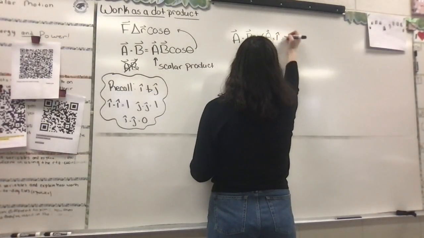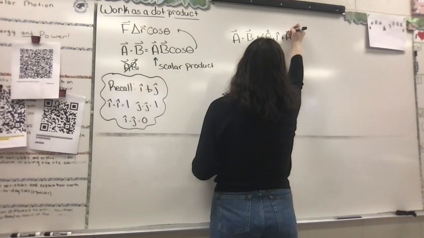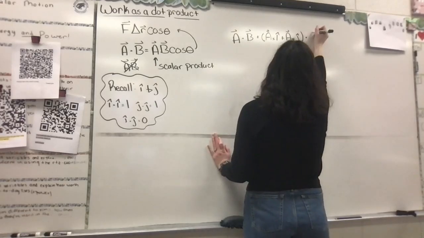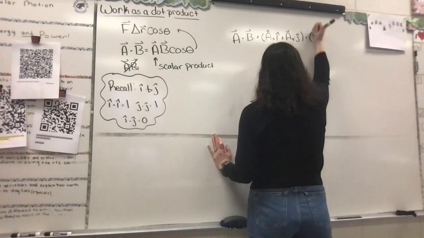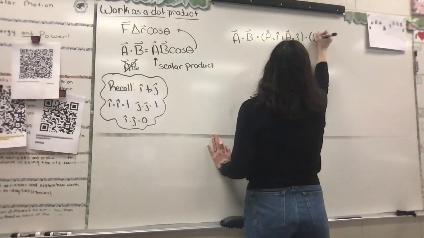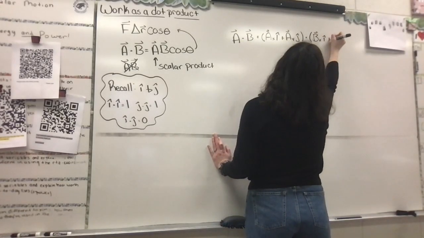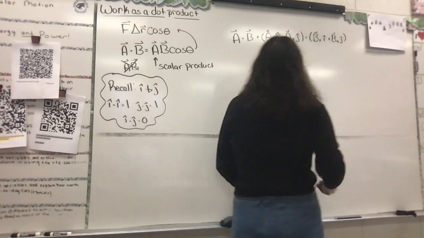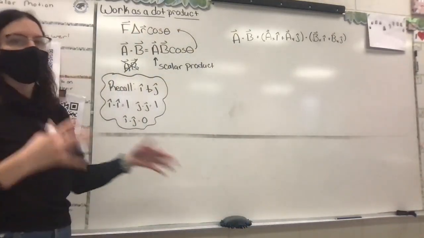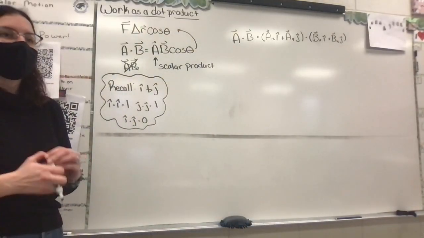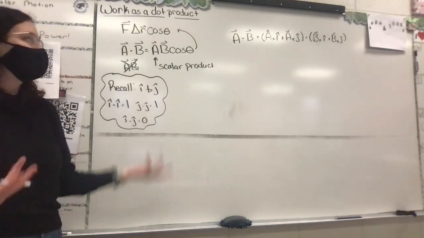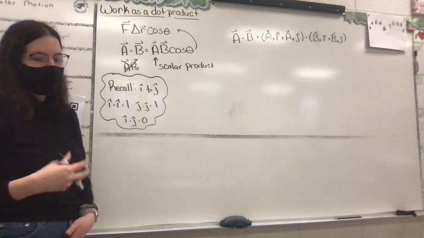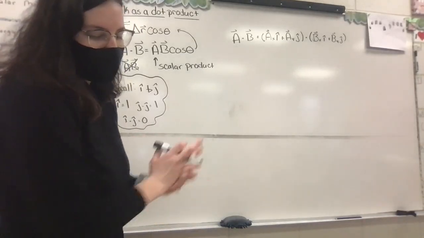Plus AY j hat dot, I tried to put an A again. Those are the same thing, because since they're vectors, they have X and Y components. Every now and then one of the components can be 0, totally, but that's our general idea.